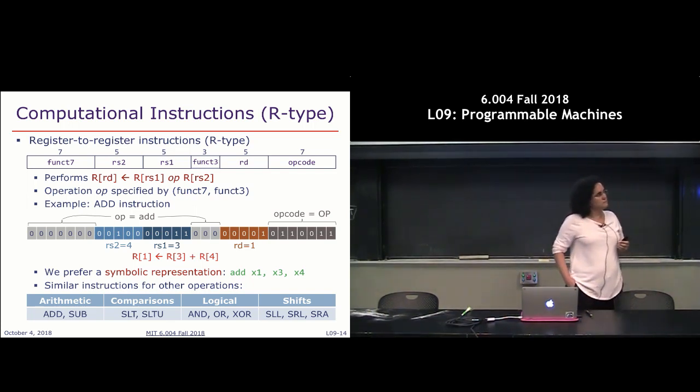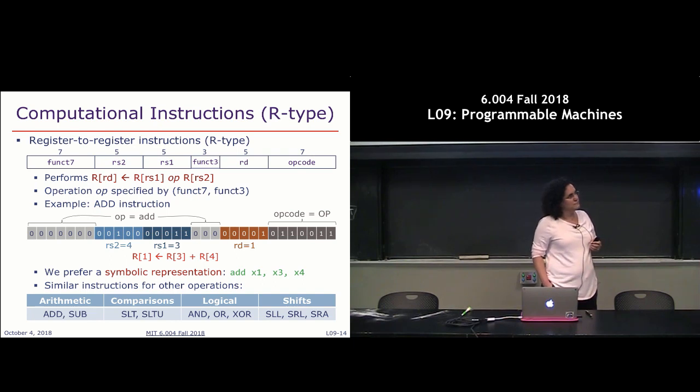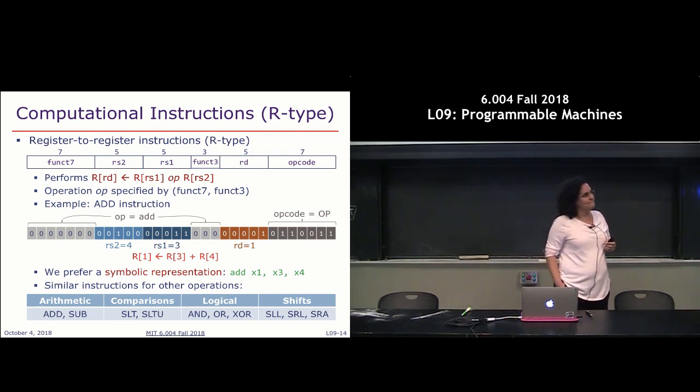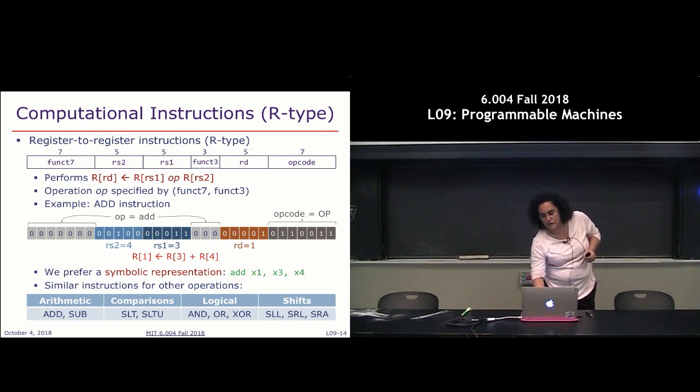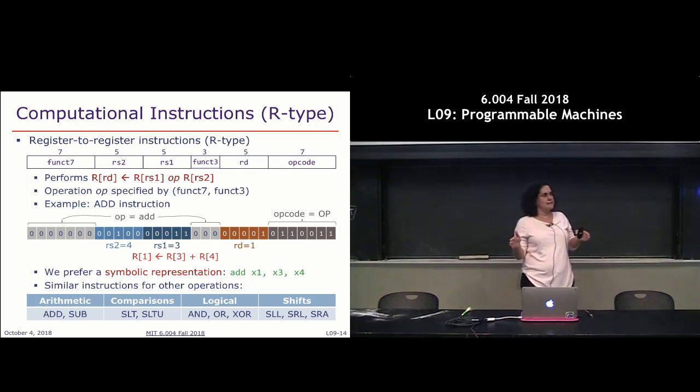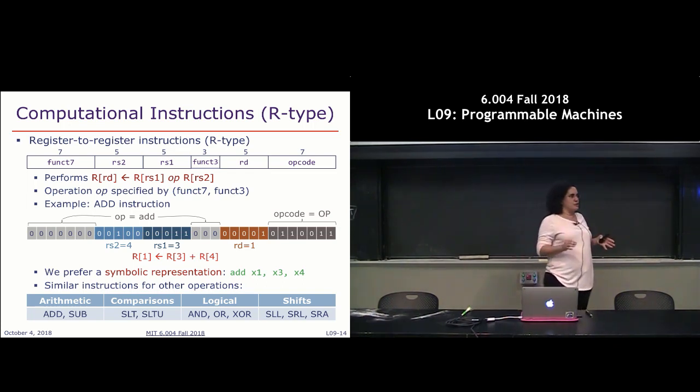Yes? So you mentioned that the opcode will instruct how to choose the things that we have to do. It's not totally clear to me how it's doing that here. So this isn't showing you how it's doing it, but this specific encoding, 0110011, is going to tell the control unit the type of instruction, that this is a register to register instruction.